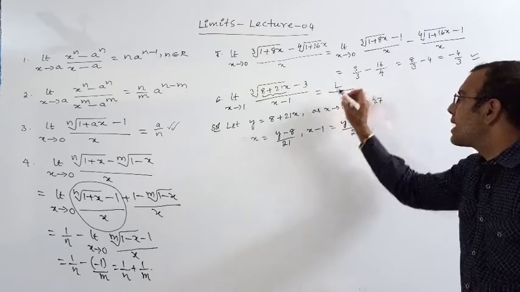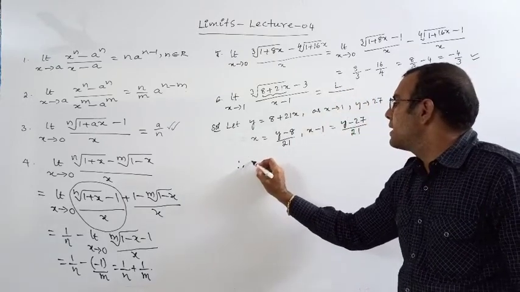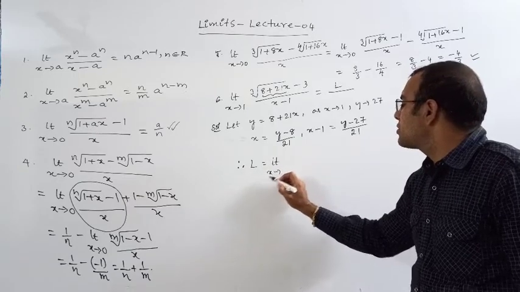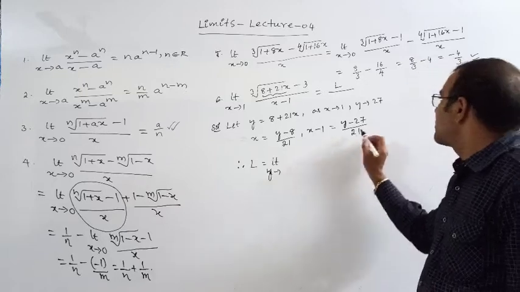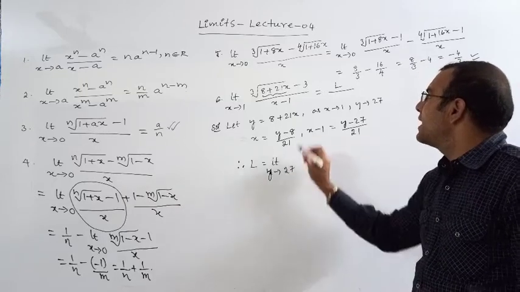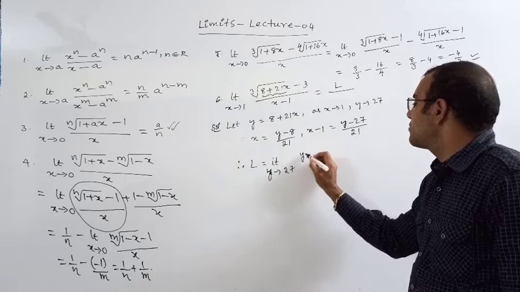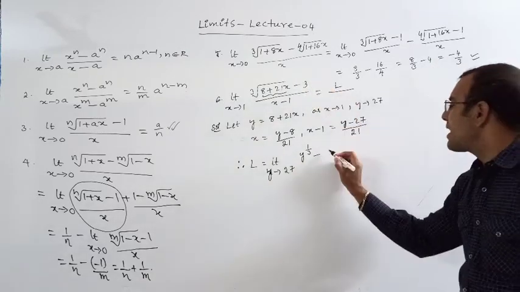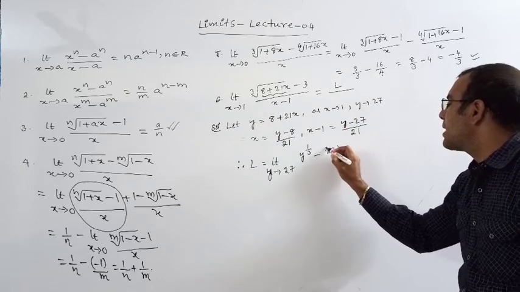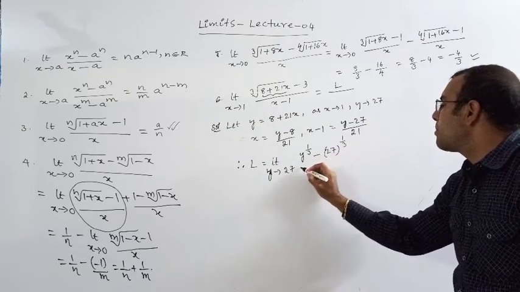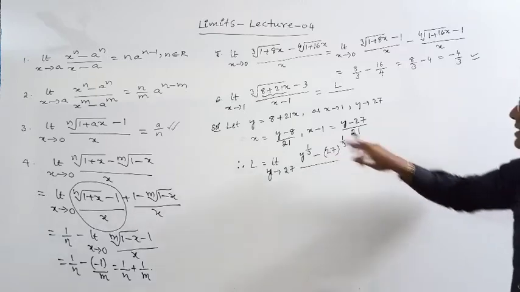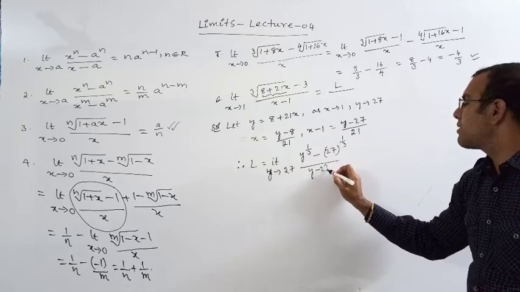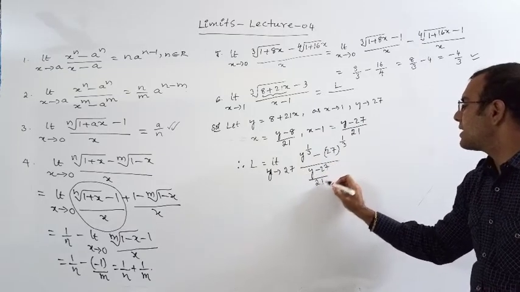Assume this limit is L. Therefore, L equals limit y tends to 27, y to the power 1 by 3 minus 27 to the power 1 by 3, whole by, what is x minus 1? (y minus 27) by 21.